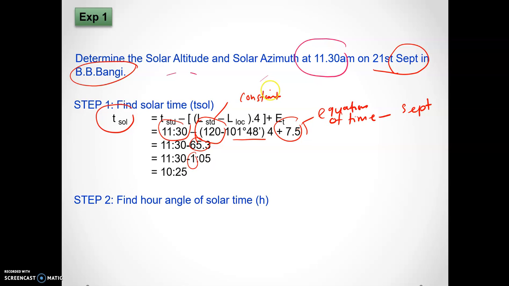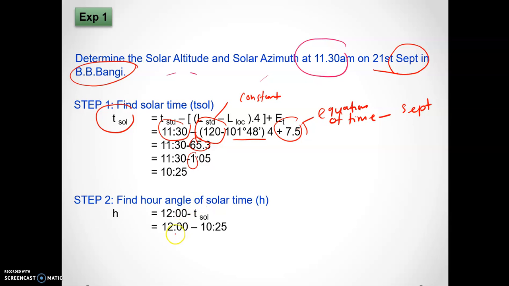So next we have to find the hour angle, H. H is equal to 12 minus T sol. Like I said previously, if the T sol is less than 12, then it is 12 minus T sol.